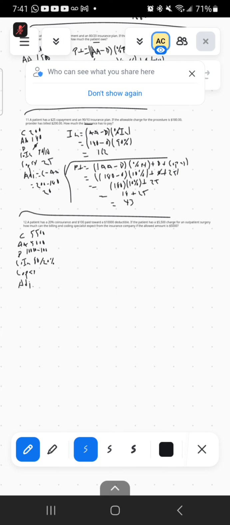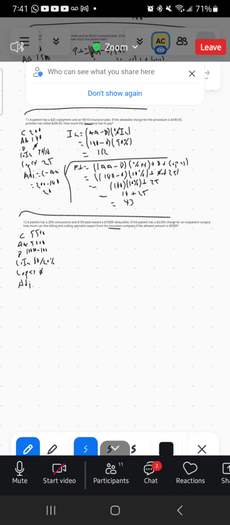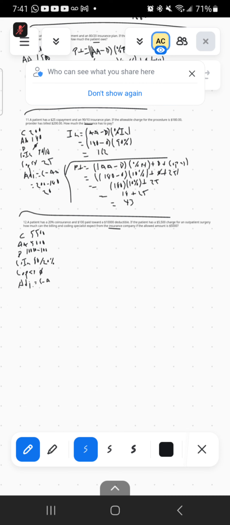So it says how much the insurance company should pay. It doesn't say anything about co-payments. And the adjustment is charges minus allowed. So the insurance pays the allowed amount minus deductible times the percentage, that is 80%, the percentage for the insurance.